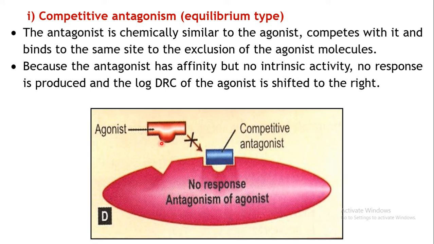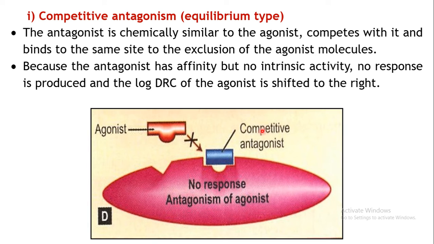You can see over here the agonist and the competitive antagonist are structurally similar, plus both of them have affinity towards the same receptor. So they will compete with each other, and depending upon the relative concentration of the two, the competitive antagonist may bind to that receptor and block it. Once the competitive antagonist binds here, the agonist will not be able to bind at this particular receptor, right?